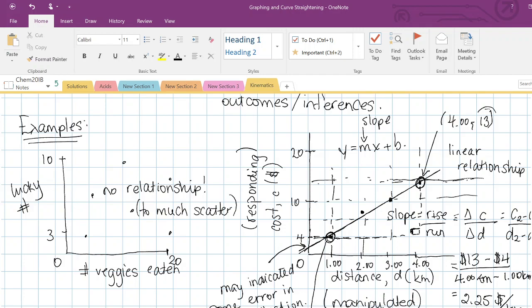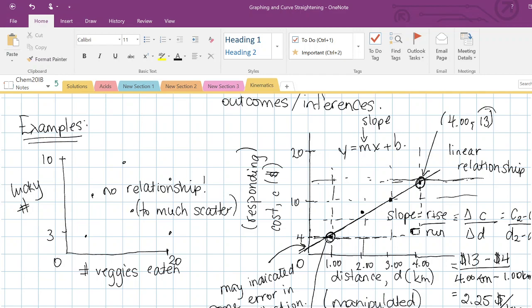This first example here, right, we've got the number of veggies eaten. That's the manipulated variable there, and your lucky number up here. And it seems like two very, very interesting axes labels here, and as you can see, there appears to be absolutely no relationship between the number of veggies eaten and your lucky number.